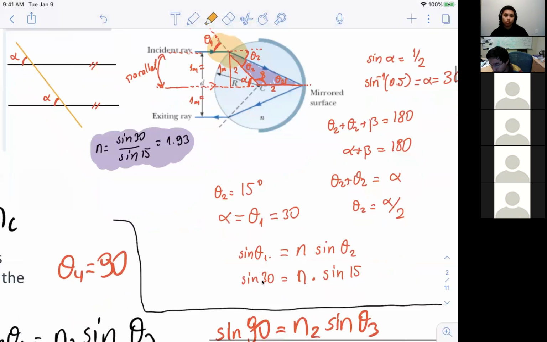So I can use Snell's law, which says N1 times sine theta 1 equals N2 times sine theta 2. N1 is 1 because it's air, and sine theta 1 is sine 30, that's the incident angle, equals N, which I'm looking for, times sine 15. Okay.